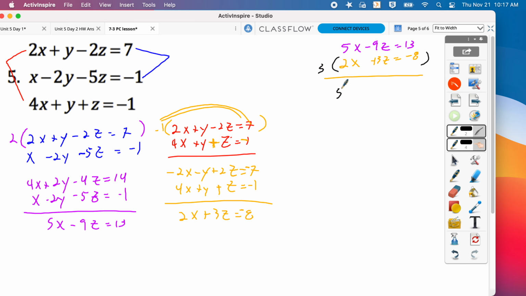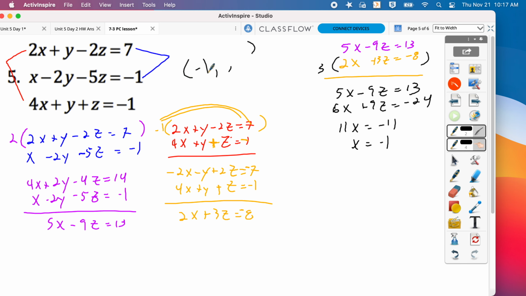All right, so I get 5x minus 9z equals 13. 6x plus 9z equals a negative 24. 11x equals negative 11. I get x to be negative 1. All right, hopefully we're doing this ahead of me, not just copying.